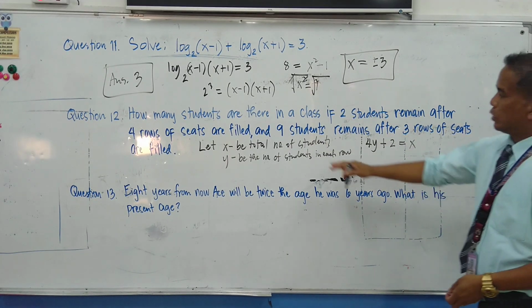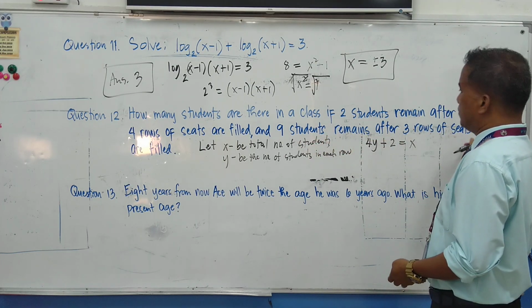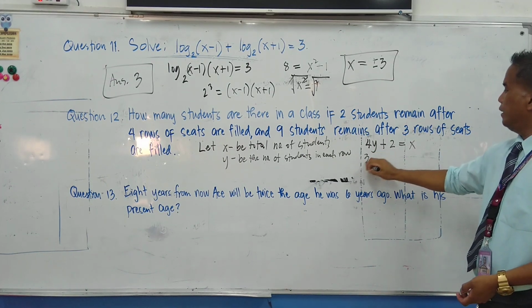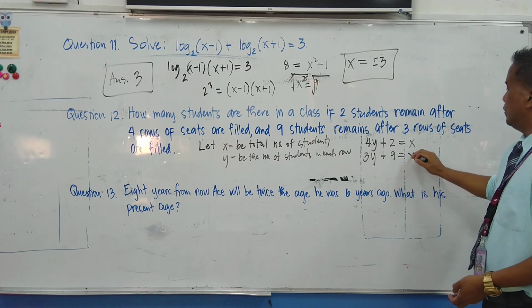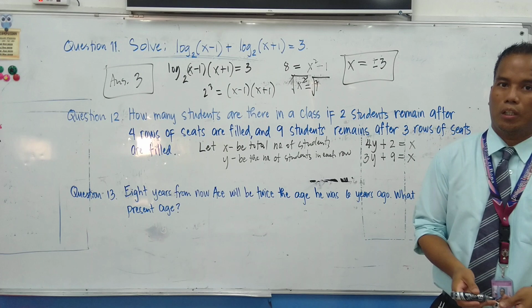Then the next one, 9 students remain after 3 rows of seats are filled. So we have now 3y plus 9 is equal to x. So we have now two linear equations.